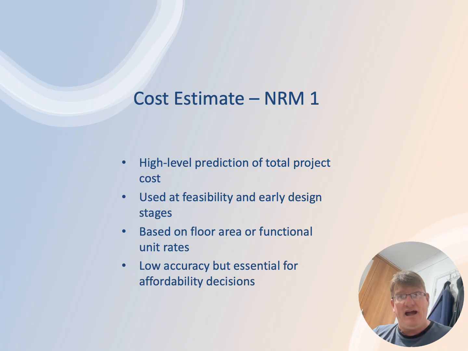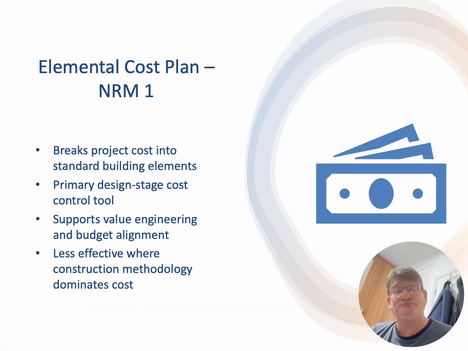Step 3, do that. It's very structured, standardized. It gives you a comparator. You use historical data from SPONS or from the BCIS database to help you with the cost information. And again, you would do it at stage 0 or at stage 1.